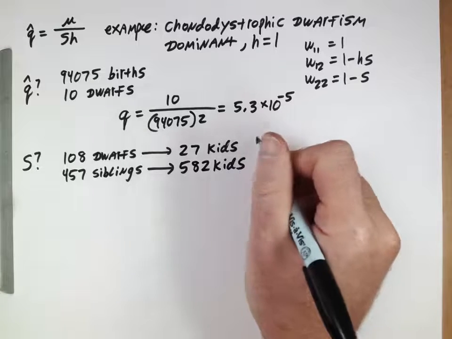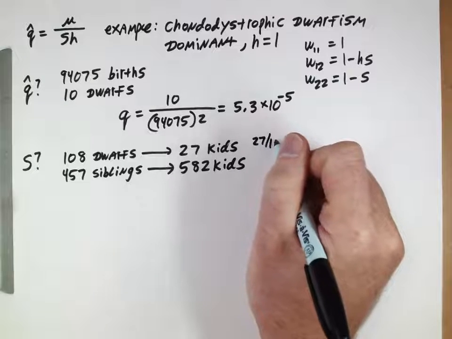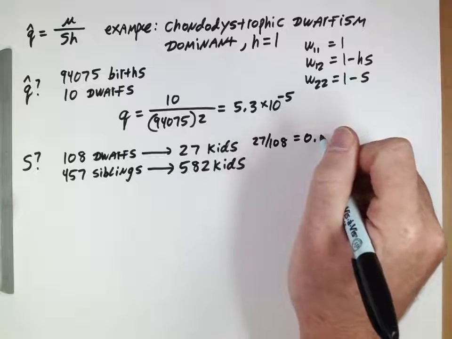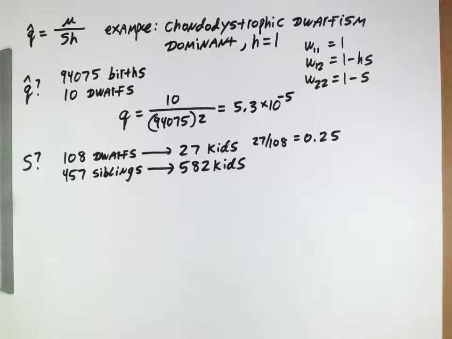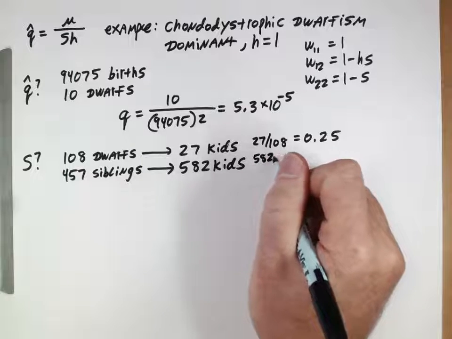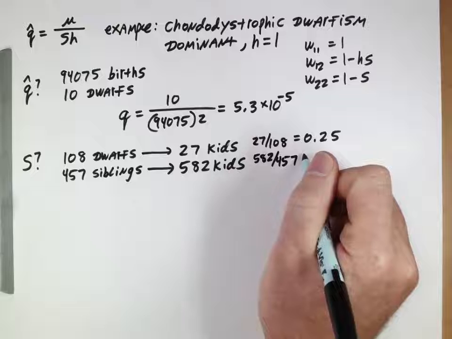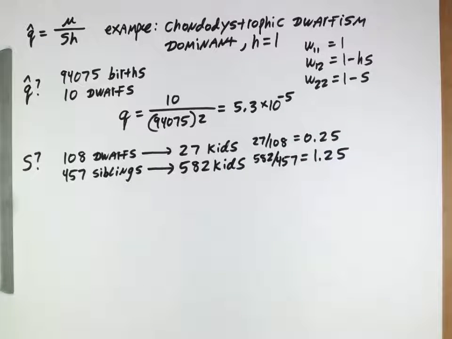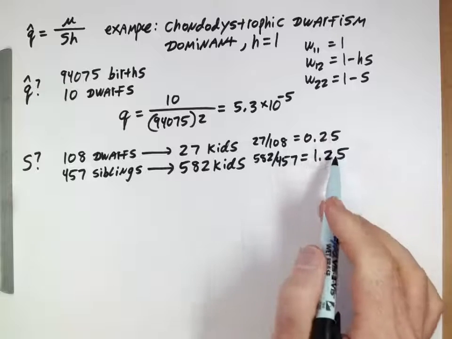So these dwarfs, on average, are having 27 divided by 108 offspring each, so that's about 0.25 each. Their siblings, having 582 divided by 457, are having on average 1.25 offspring each. These numbers are slightly rounded.